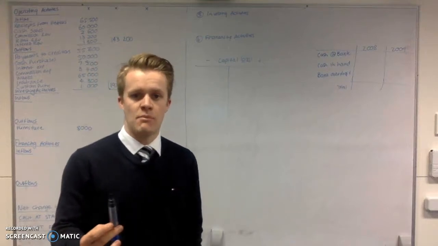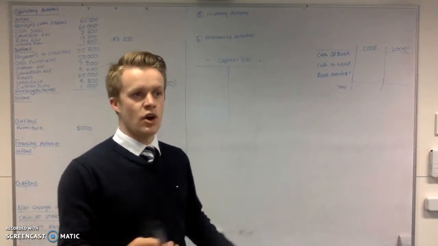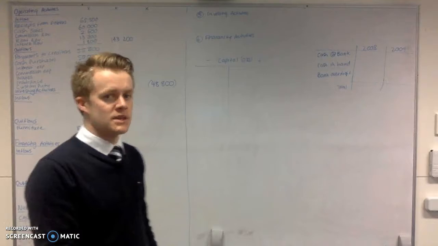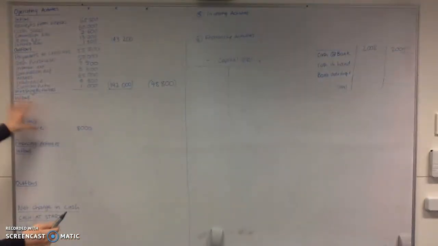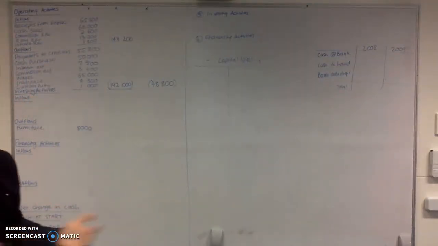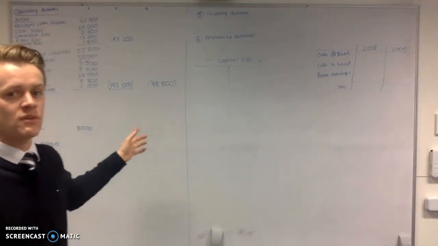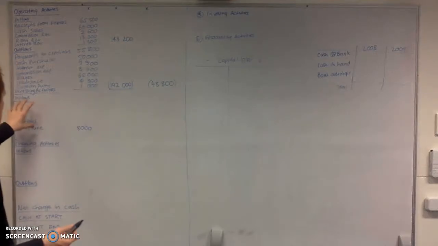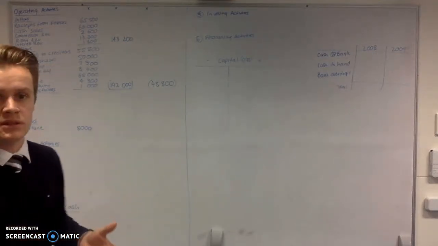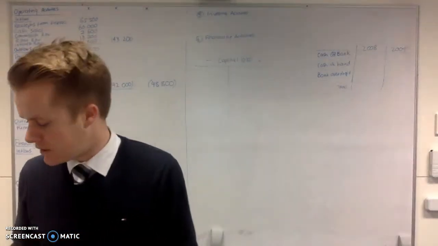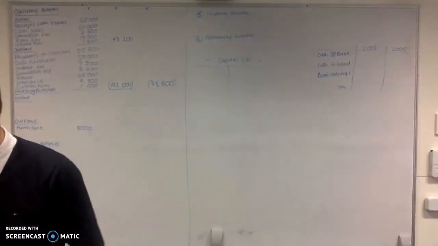The business hasn't gone out and bought one. So there's no actual payment of cash by the business. In terms of the cash flow statement, we don't actually touch that. It doesn't go into the statement as an outflow of cash for the investing activities section. So we can skip that one.